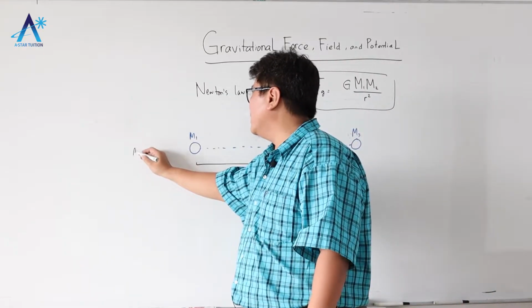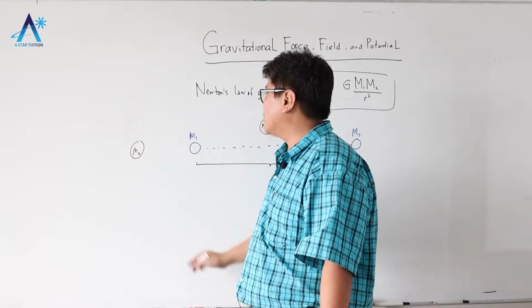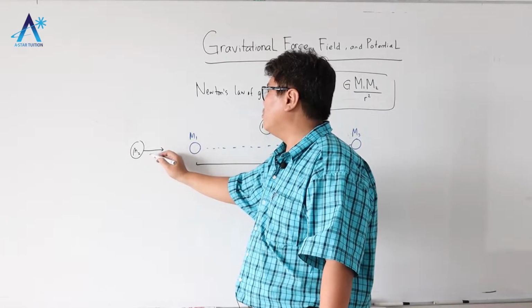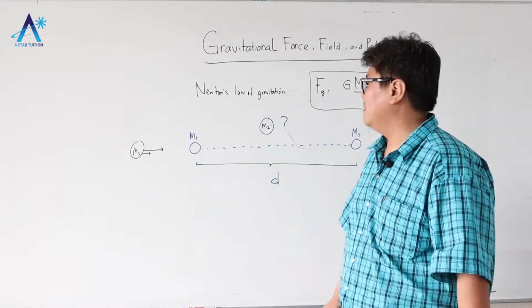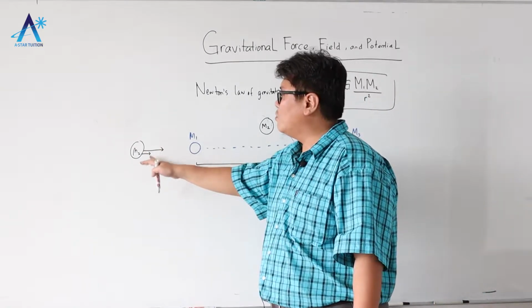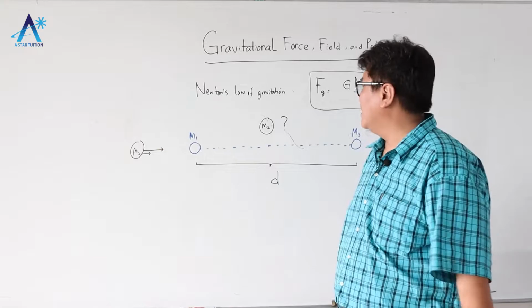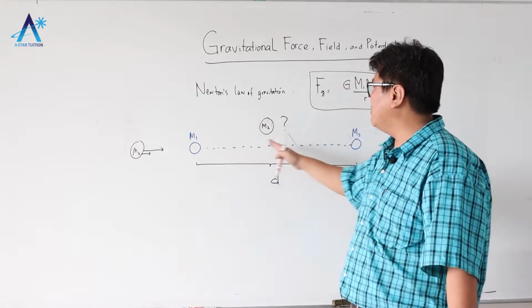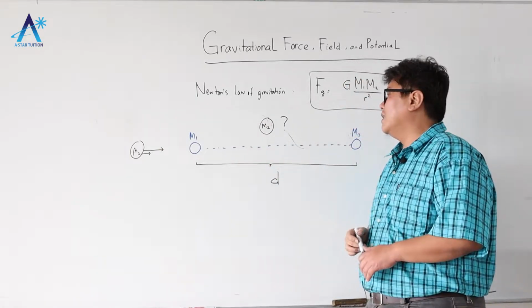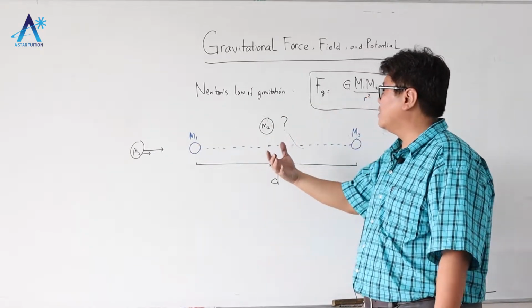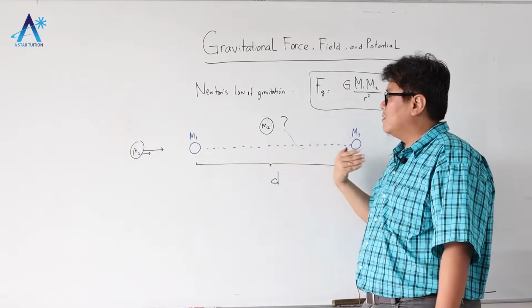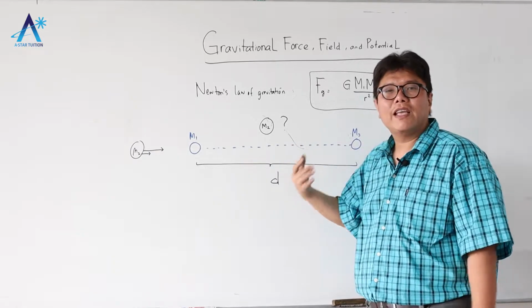If you put m2 here, m2 will be attracted to m1 and will also be attracted to m3, so these two forces will not cancel. But if you put m2 somewhere in between m1 and m3, then one force goes to the left and the other force is attracted to the right. So then they can cancel.